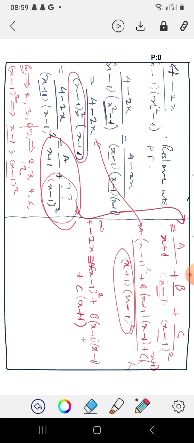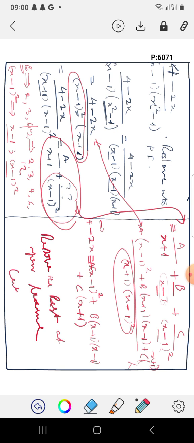Then you just solve whichever way you want, and your answer will come out. We know how to solve, so resolve the rest at your leisure. So my signature is here to affirm that statement. That is how it is done, and that brings us to the end of partial fractions.